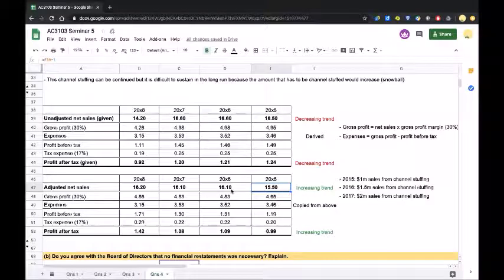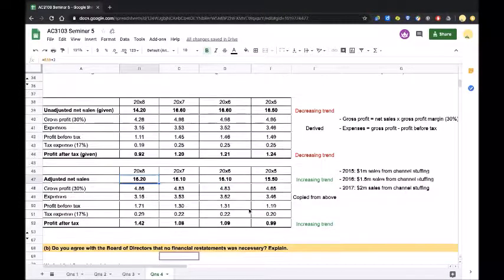Similarly, for 2016, first we need to add back the 1 million, which should be the actual sales in 2016 instead of 2015. And then, similarly, we minus off the 1.5 million sales from channel stuffing. And for 2017, we do the same. And that's how we arrive at the adjusted net sales figures.